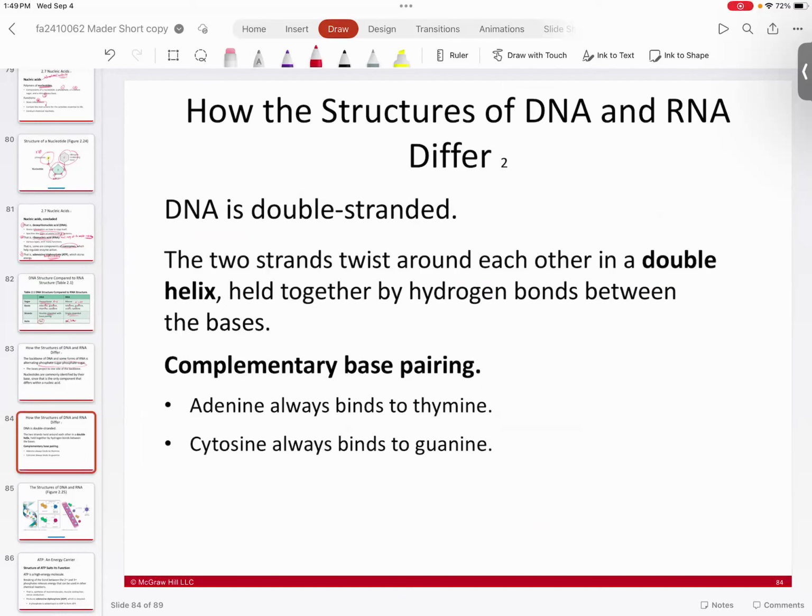In the double-stranded DNA situation, we essentially have a double helix that's twisted, and it's held together with hydrogen bonds through what's called complementary base pairing. So for instance, every adenine forms 2 hydrogen bonds with every thymine, and every cytosine forms 3 hydrogen bonds with every guanine. Okay, so those are the pairings.